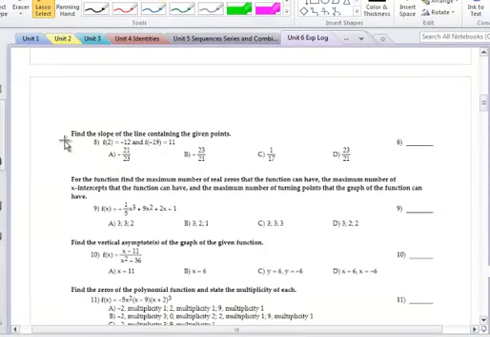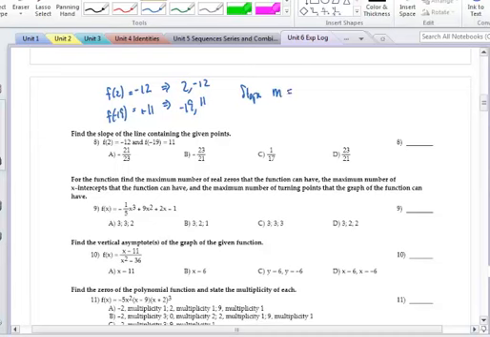I'm back and we're now working on page 2, and the first question asks us to find the slope of a line containing the given points. Hopefully you remember from function notation that the 2 represents the x value and what the function is equal to is the y value. So this is the point 2 comma negative 12, and f of negative 19 equaling 11 is the point negative 19 comma 11. And for slope, it's the change in y's over the change in x's.